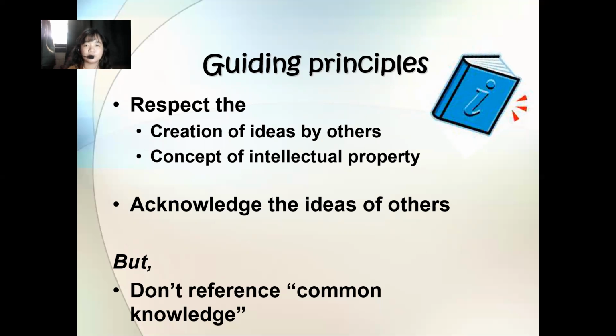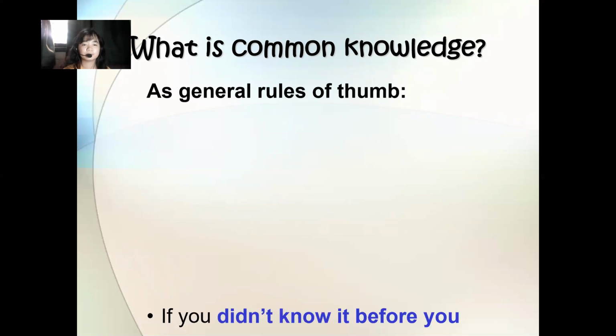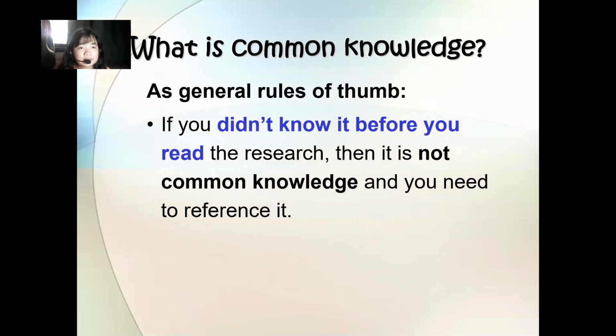I'll give you an example. Okay, try to identify here what is common knowledge. Number one, as a rule of thumb, if you didn't know it before you read the research, or if you have to conduct further readings to fully understand that concept, then it's probably not common knowledge and you need to reference it.